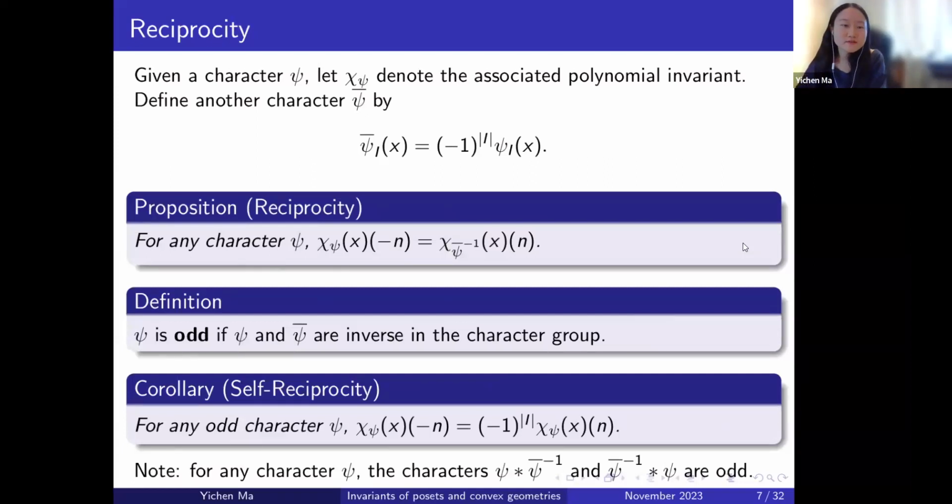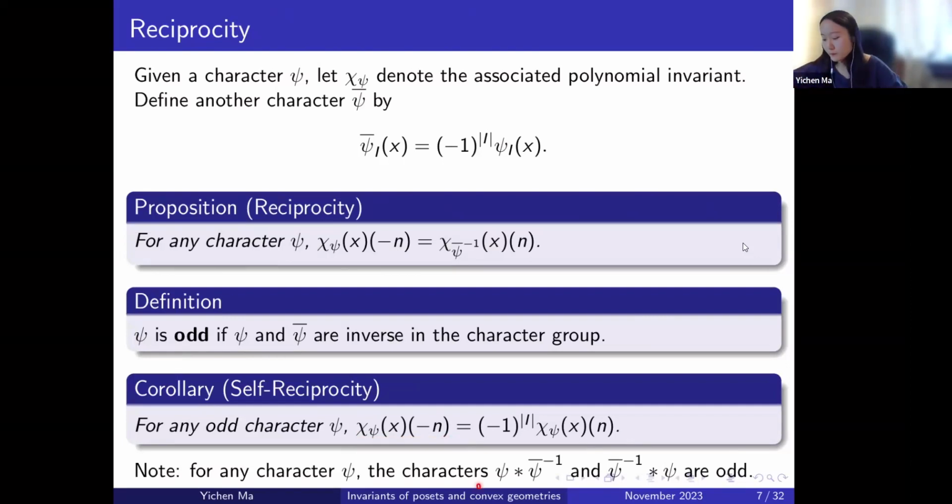However, it turns out there's a class of characters for which it is easy to compute the polynomial invariant evaluated on negative numbers. Those are the odd characters. We say C is an odd character if C and C bar are inverse in the character group. Indeed, we have self-reciprocity for the polynomial invariant of odd characters: if we want to evaluate the invariant on negative numbers, we only need to know the size of the ground set I. And for any character, we're able to determine a pair of odd characters.